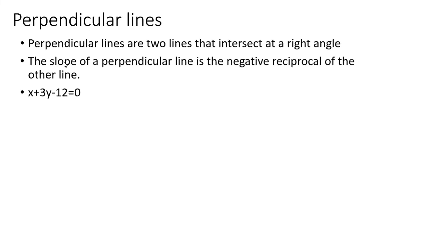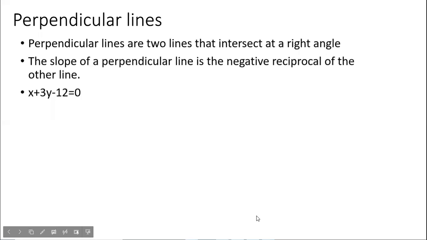The way we achieve this mathematically is that the slope of a perpendicular line is the negative reciprocal of the other line's slope. So if we have something that looks like y is equal to 5x plus 3, the slope of the perpendicular line would be, we can think of this 5 as 5 over 1, so the slope will be the negative of it, and the reciprocal, negative 1/5.